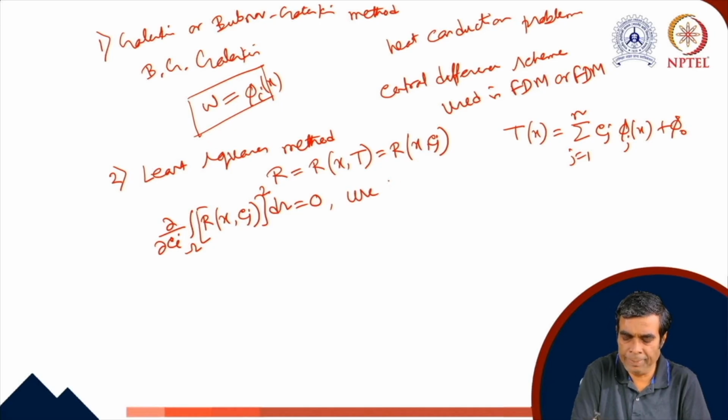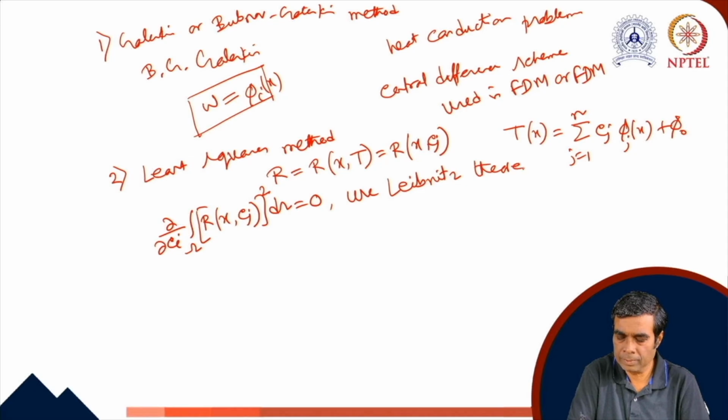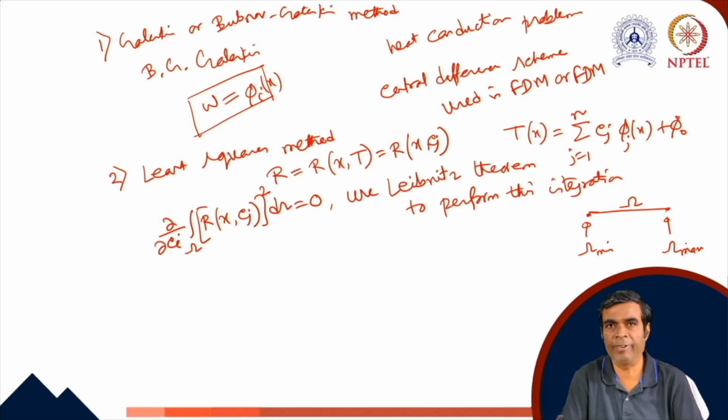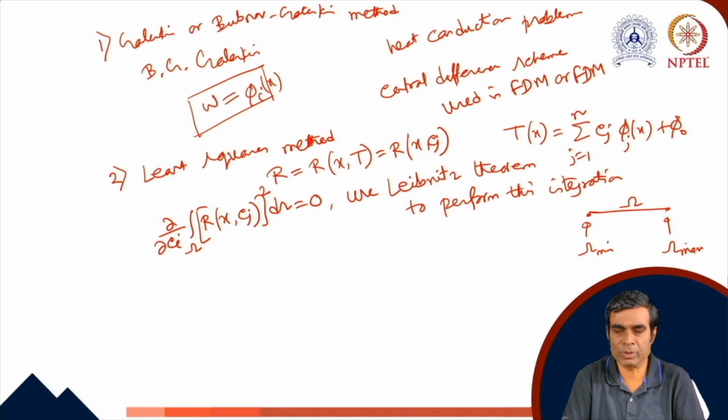So use Leibniz theorem to perform this integration. Let us consider this is omega and these two boundaries are outside omega. We denote this boundary as omega minimum and this boundary as omega maximum. These are fixed points. They have fixed coordinates.